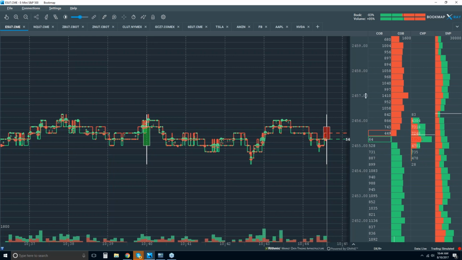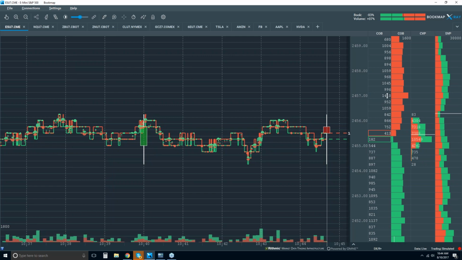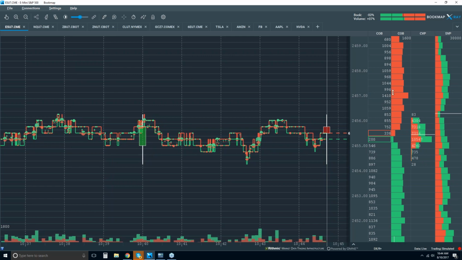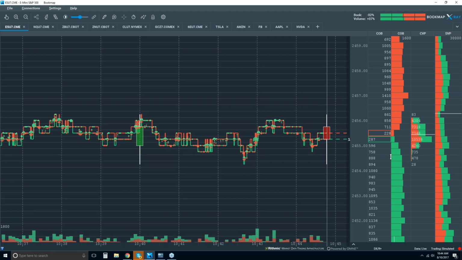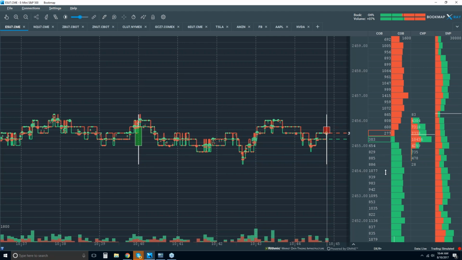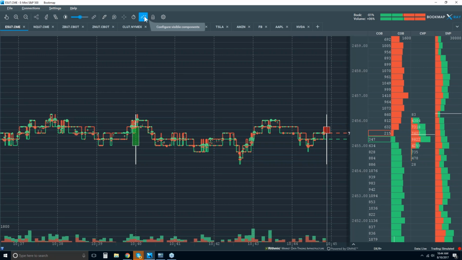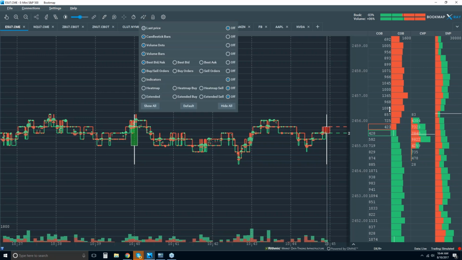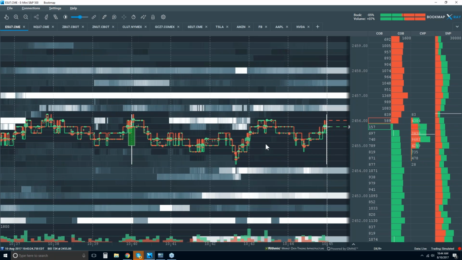You'd have to remember the time, the liquidity, what about areas around it, and how long it stayed here. And you'd have to do the same thing on the bid side. Now, what we do in Bookmap is give this liquidity a graphical representation in the heat map.